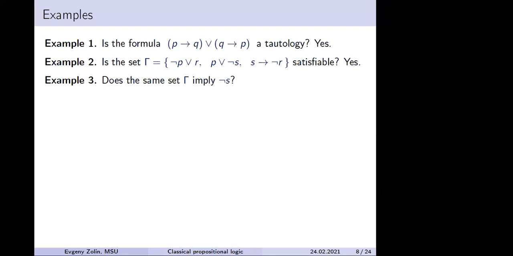Well, yes, because if we have just S, we have a contradiction.